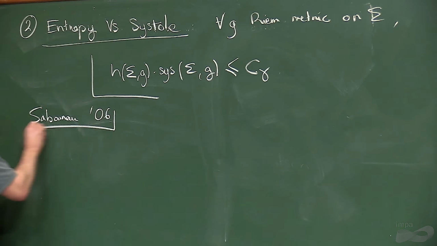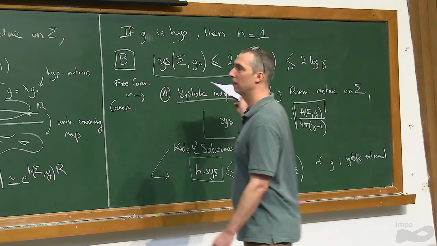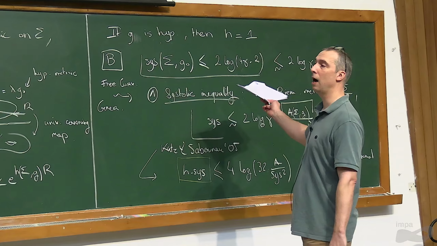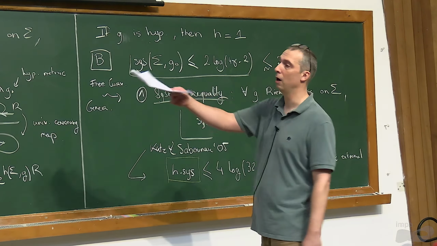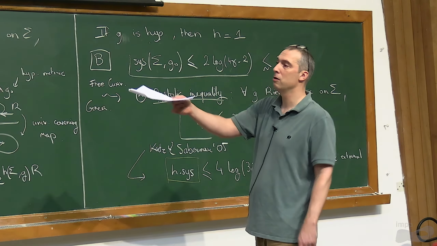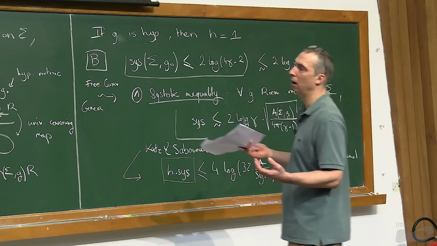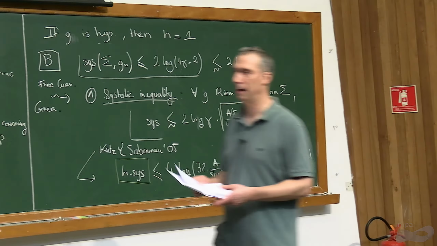Well, this is not exactly a generalization of this inequality, because when you have a hyperbolic metric, the volume entropy is equal to 1, and you only get that the systole is bounded by some universal constant. But it is in the spirit of what we are doing, so this is like a generalization.